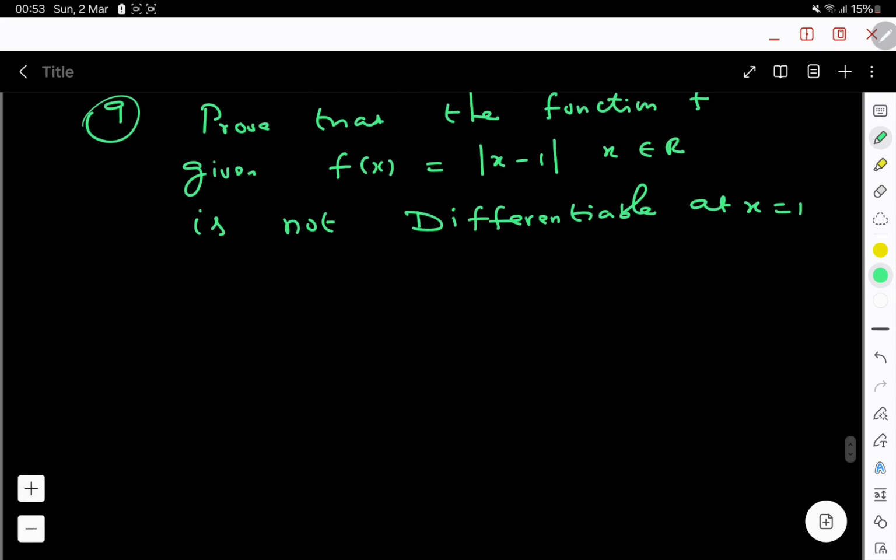Okay, the given function is mod of x minus 1.